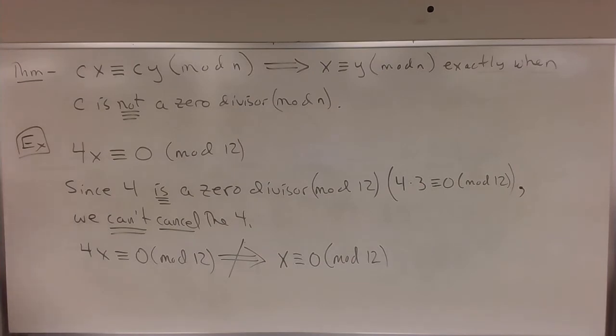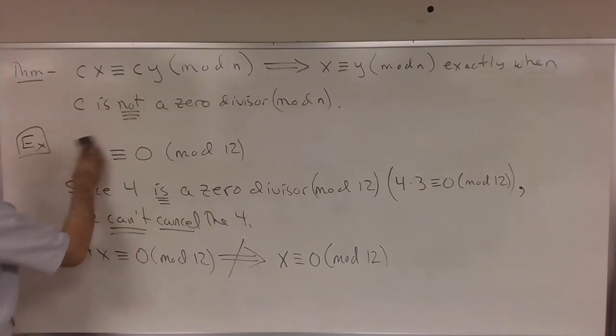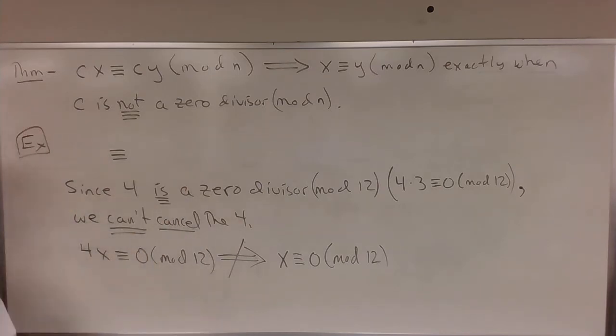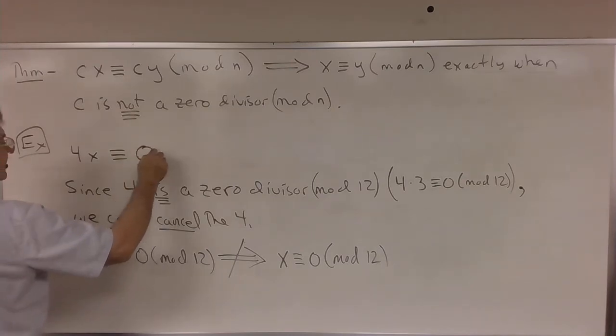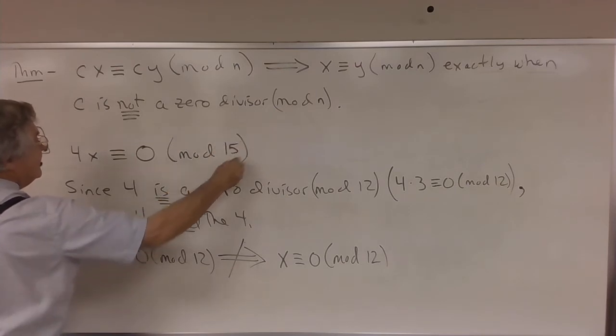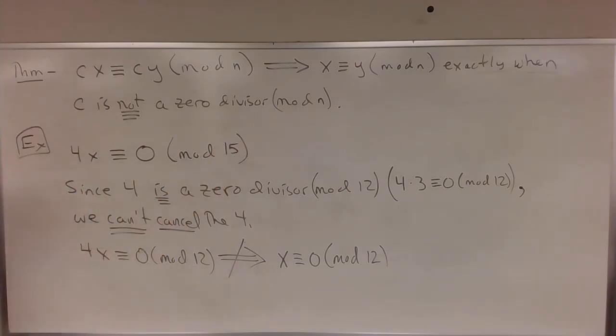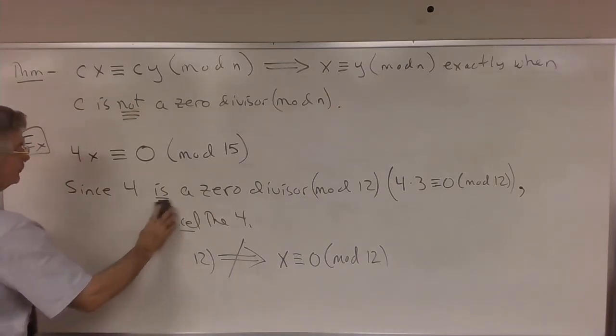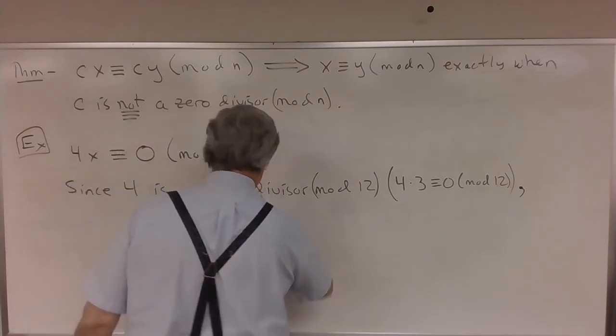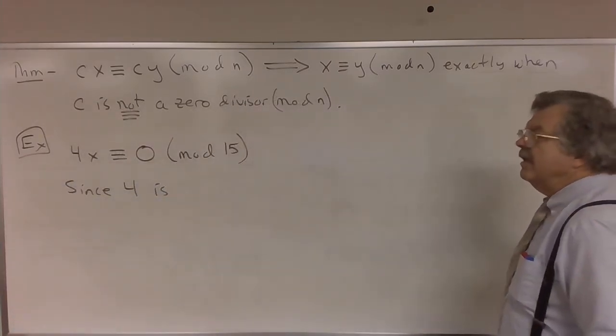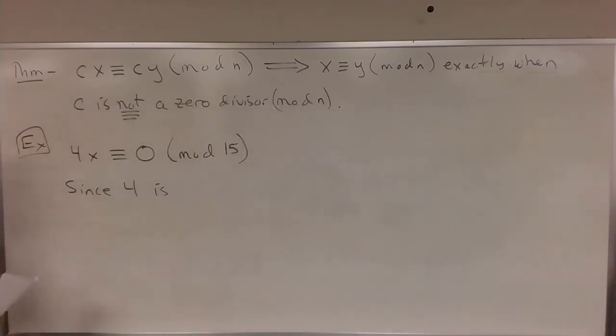Okay, let's look at another example. Is there any number not congruent to 0 mod 15 that we can multiply 4 by to get 0 mod 15?